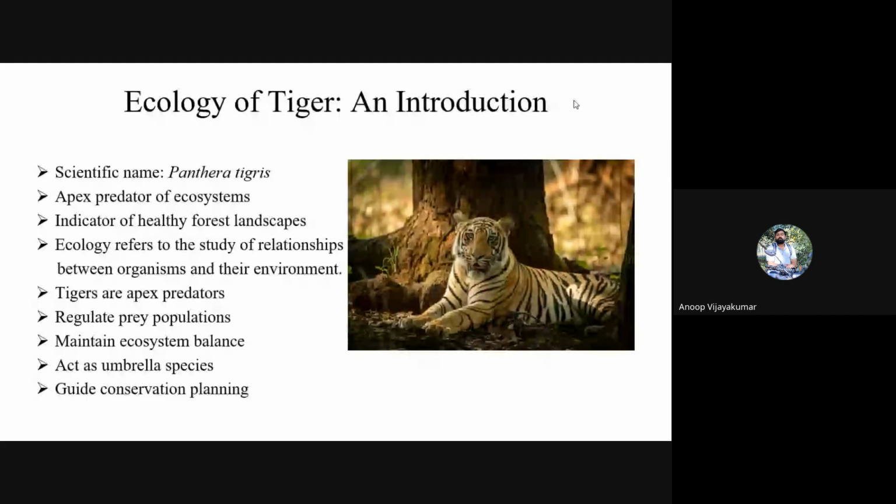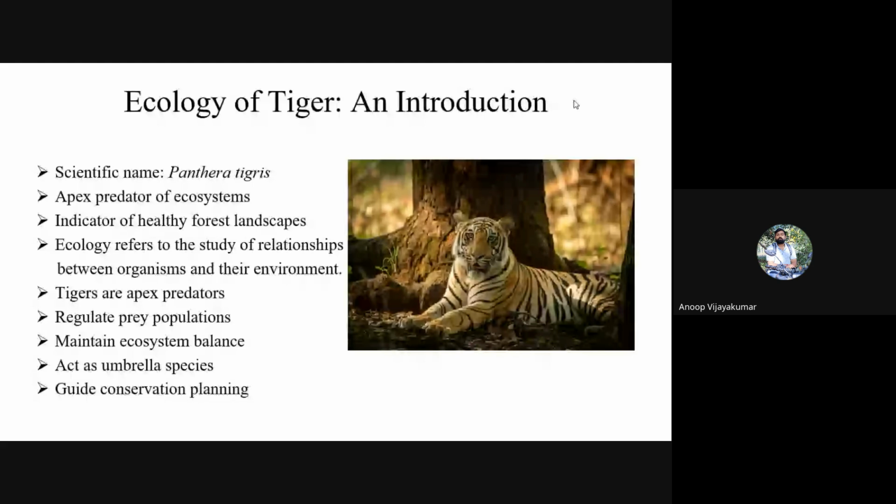Right. Yeah. So the students will be wondering what you are actually talking about. So I explain to them that since we have tigers in our forest, we are simply protecting the forest. Keeping them as a flagship species, showing them in front of conservation, we are protecting the forest.